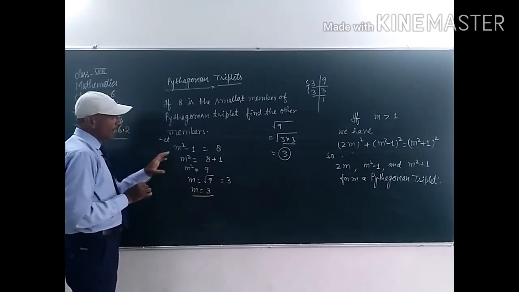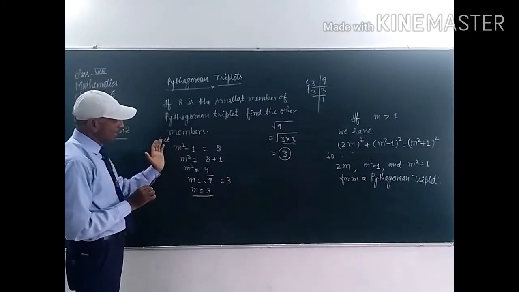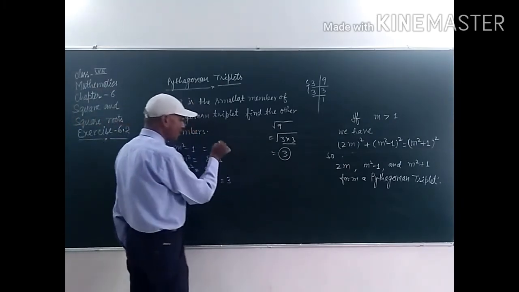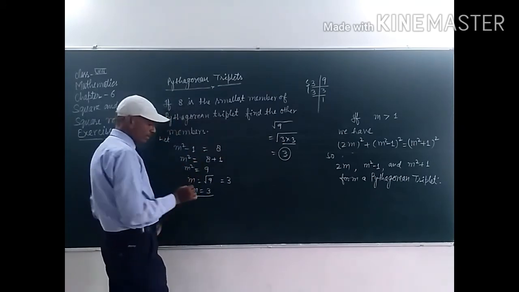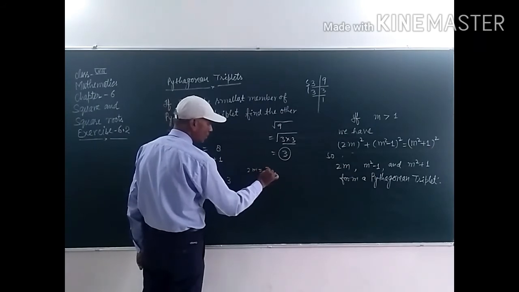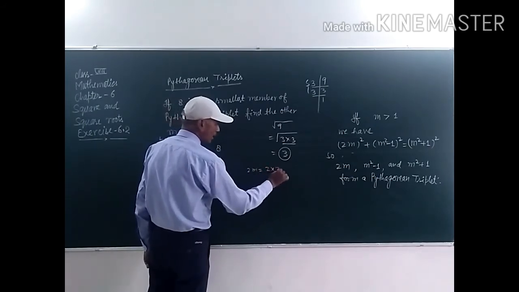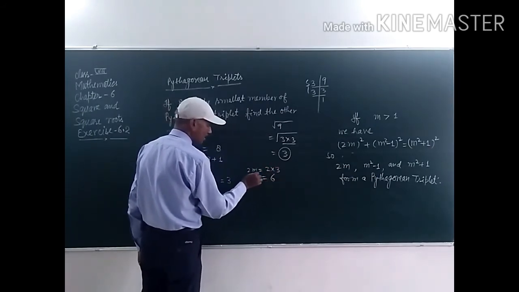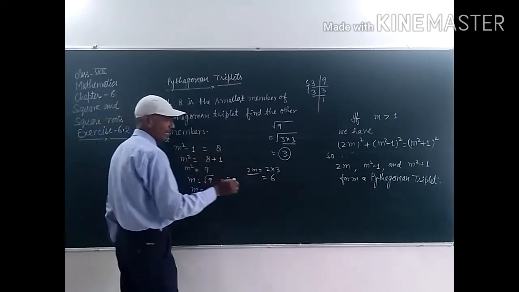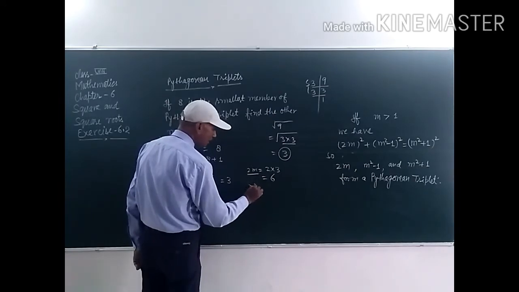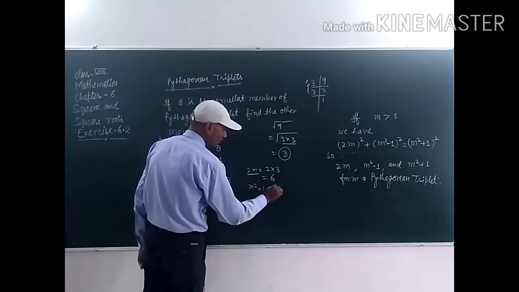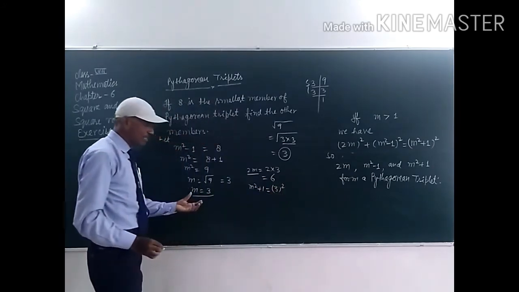Now we have to find the other members. One member is given, students, that is 8, and 2m is equal to 2 into 3, that is 6. Clear, students? m squared minus 1 is given as 8, and m squared plus 1 will be 3 squared plus 1, because the value of m is 3 here.